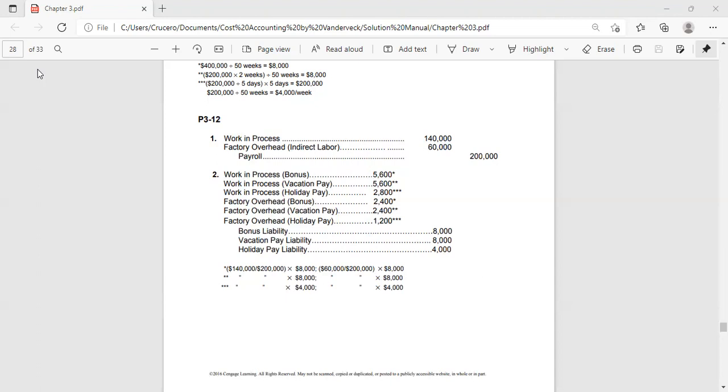So credit bonus liability, vacation pay liability, and holiday pay liability. Now we have the corresponding computations at the bottom. Okay, so I hope that can help with this problem.